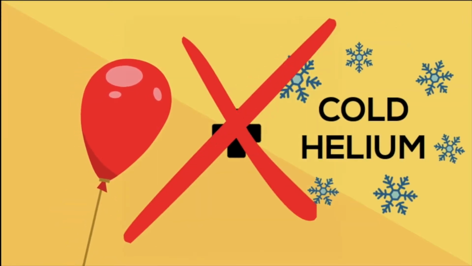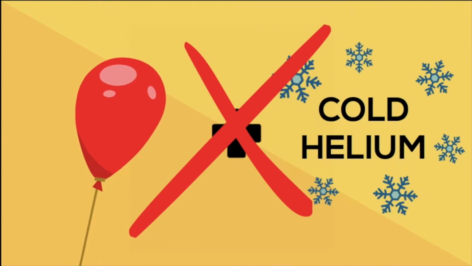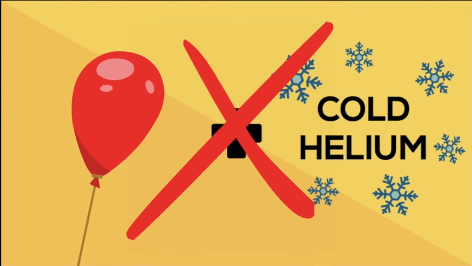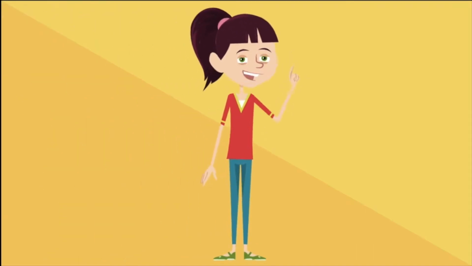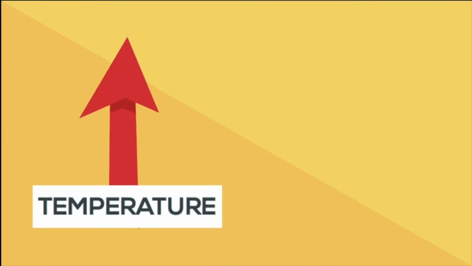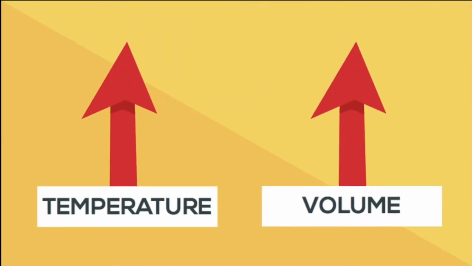In relation to the helium balloon, a balloon filled with cold helium will not float since it has a greater density than the outside air. So, as the balloon warms, helium will expand and become less dense, enabling the balloon to float. Oh, now it makes sense. That's why according to Jacques Charles, as the temperature increases, so does the volume.